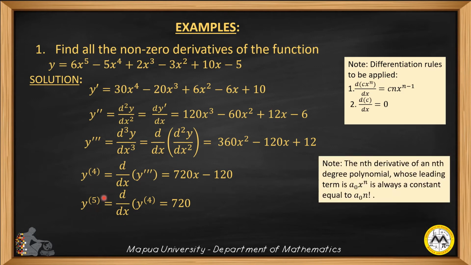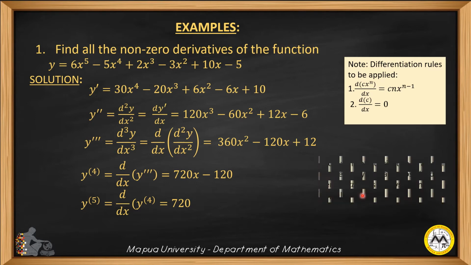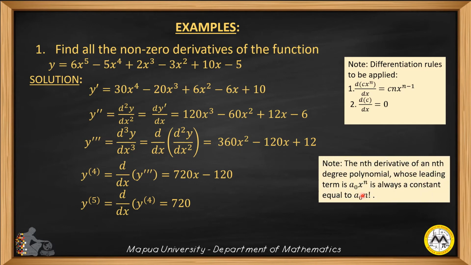Please take note that for polynomial functions, the nth derivative of an nth degree polynomial whose leading term is a sub 0 times x to the n is always a constant equal to a sub 0 times n factorial. You can verify that 720 is just the product of 5 factorial with 6.